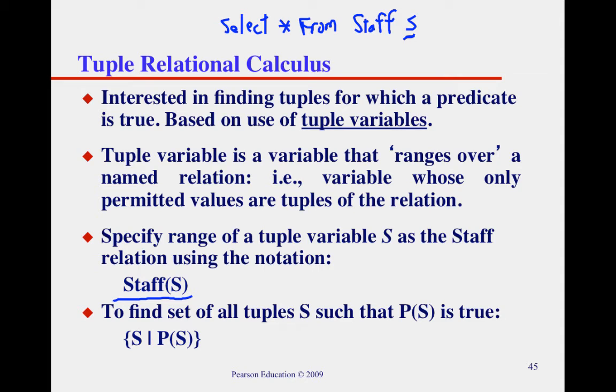Okay, so then in the relational calculus, you apply some predicate to each tuple in staff, and the set S is the set of tuples where this predicate is true.